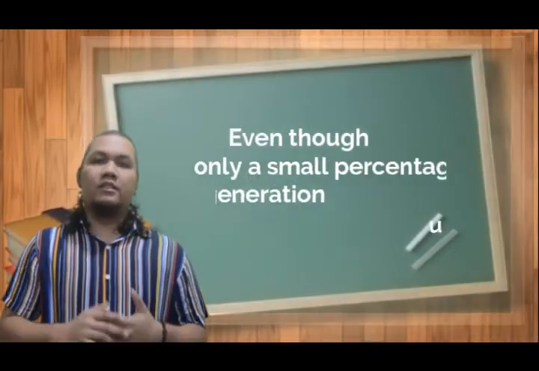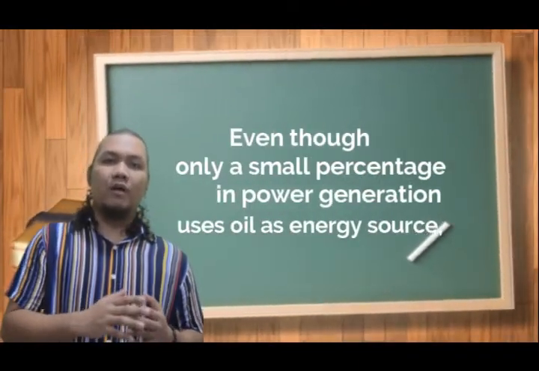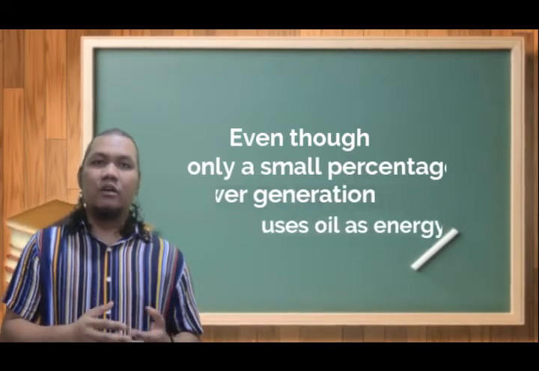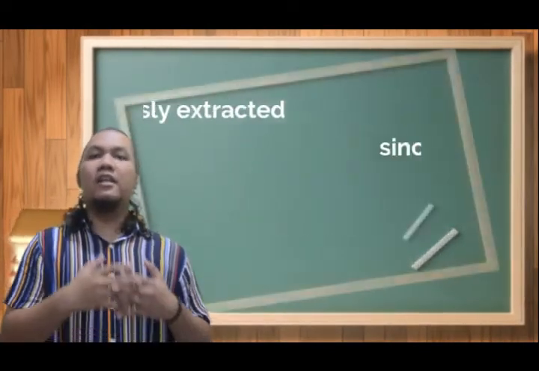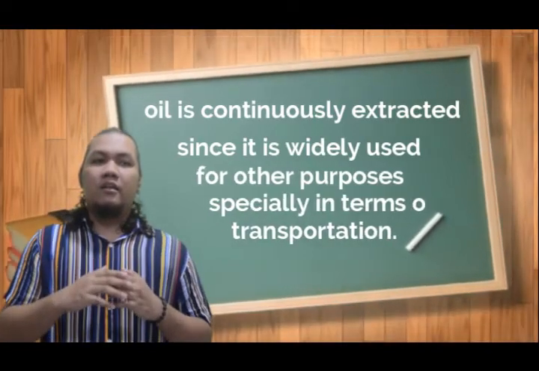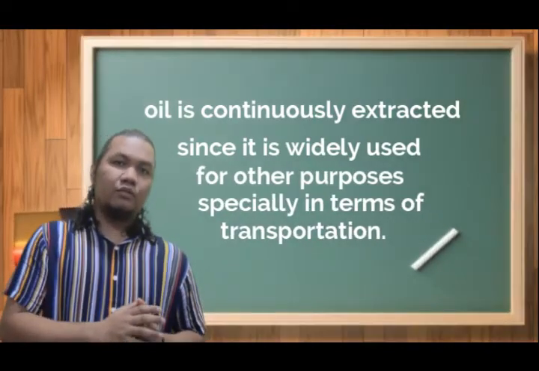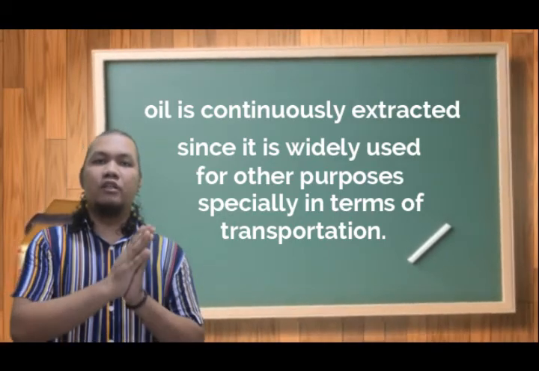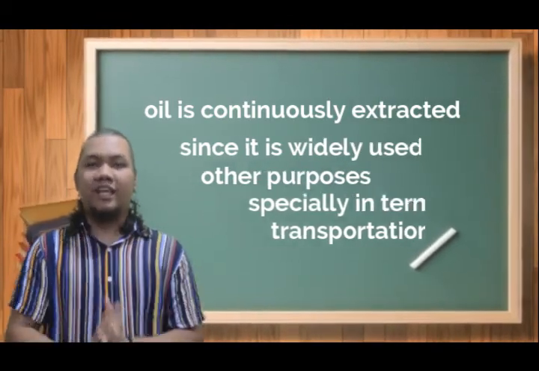Even though only a small percentage in power generation uses oil as an energy source, oil is continuously extracted since it is widely used for its other purposes, especially in terms of transportation.